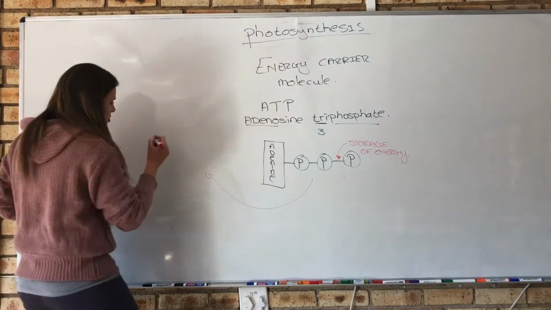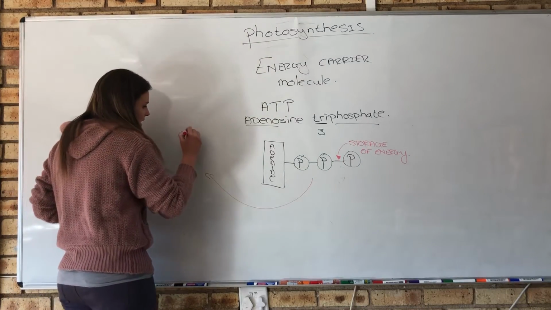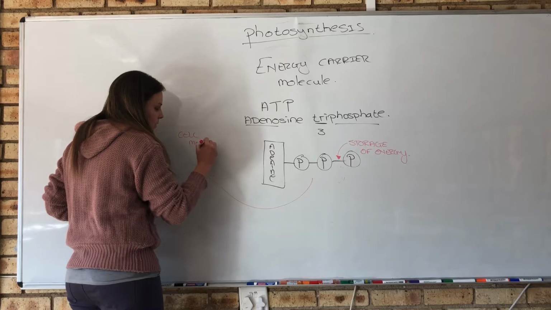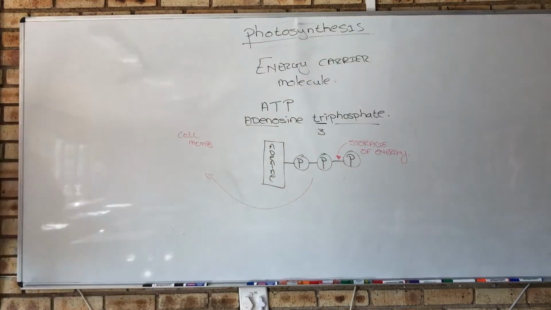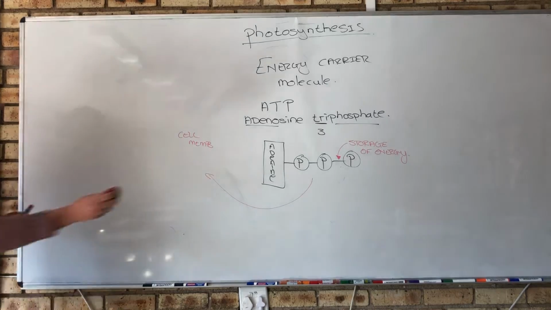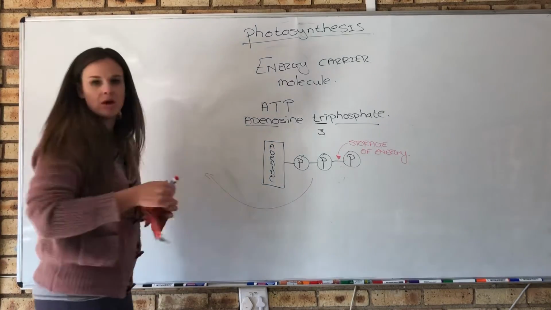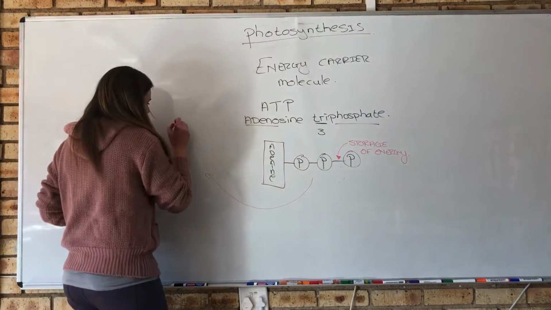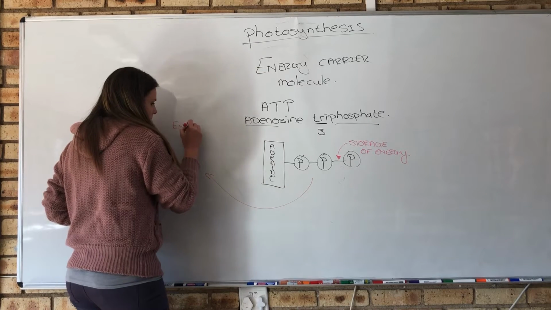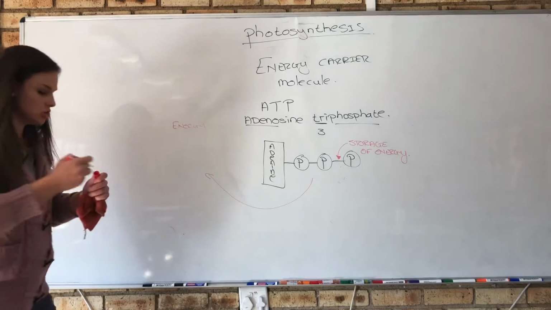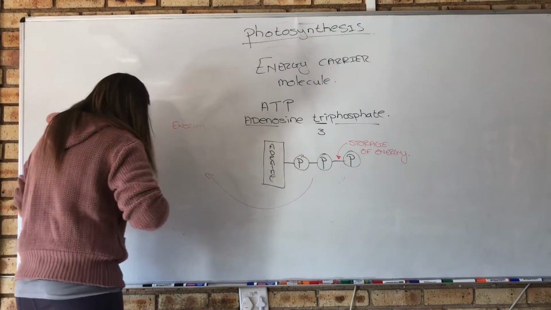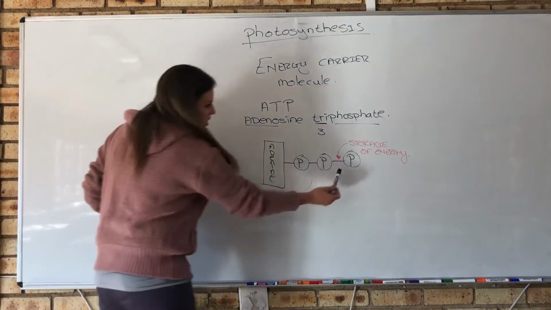What this molecule has the ability to do is to be transported or transferred to a location that requires energy. Just anywhere where we need energy, we have an energy requirement. It can break off a bond in that last phosphate molecule.